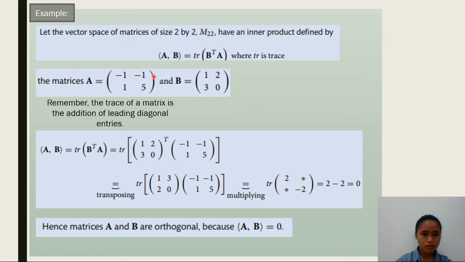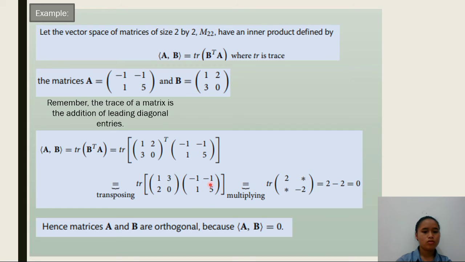For example, we have 2 by 2 matrices A and B. Remember that the trace of a matrix is the sum of its leading diagonal entries.